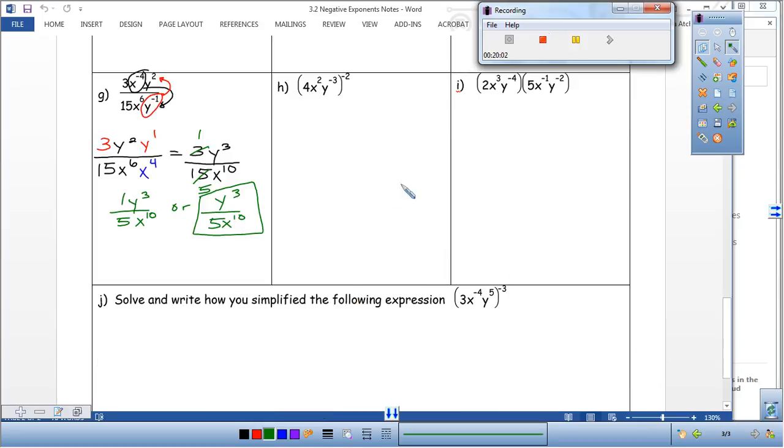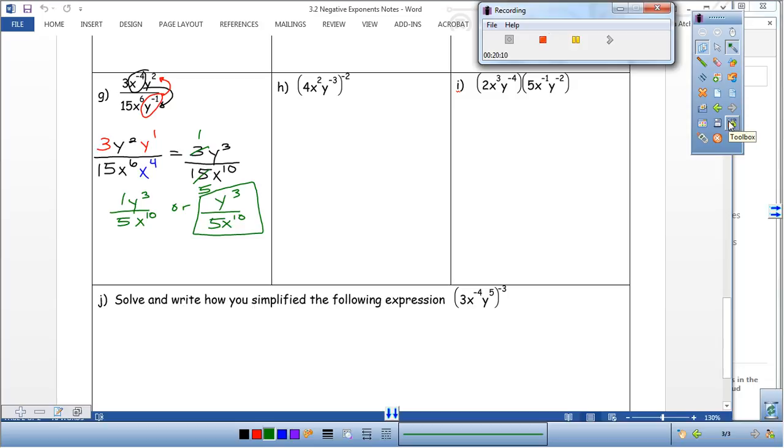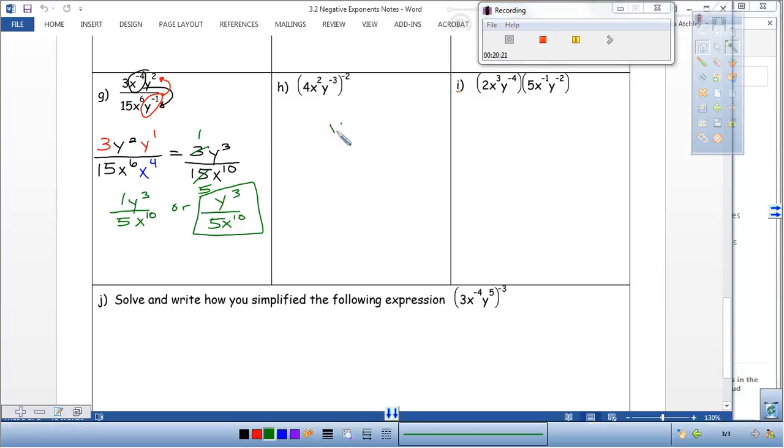So kind of look at S for an example of how to do that. So you should get y to the 6th over 16 x to the 4th. That would be your answer.